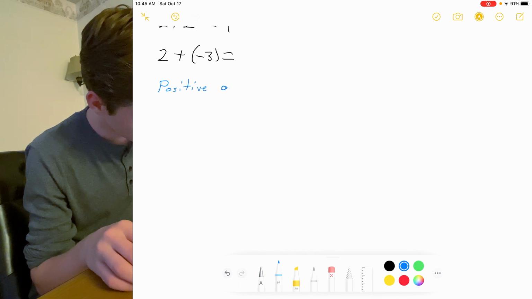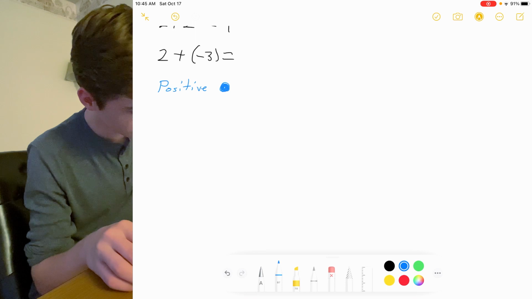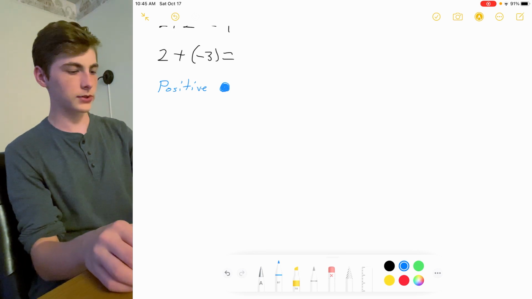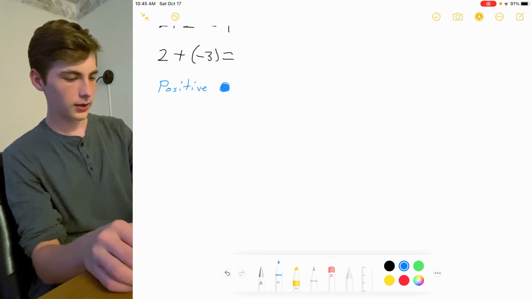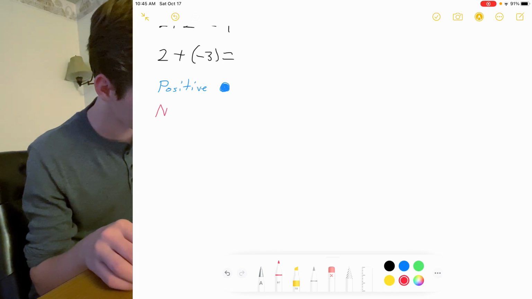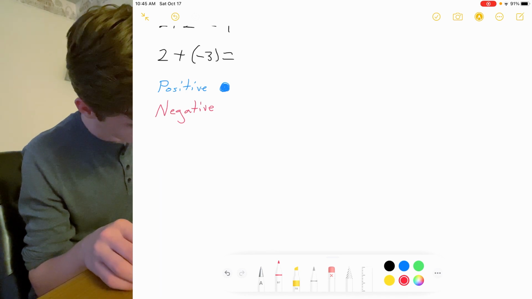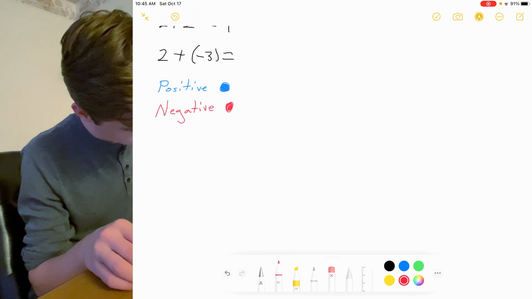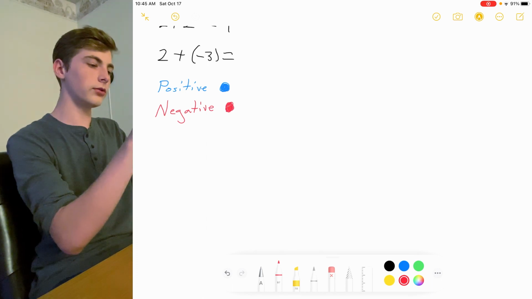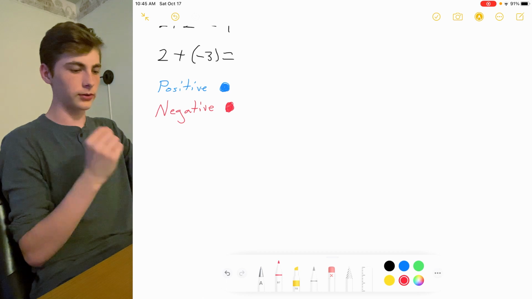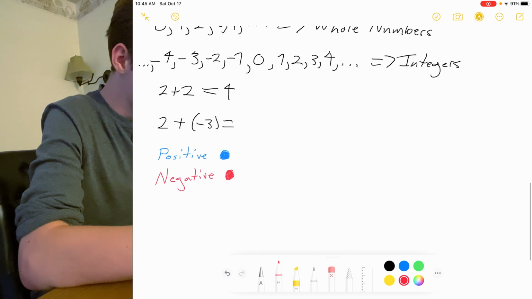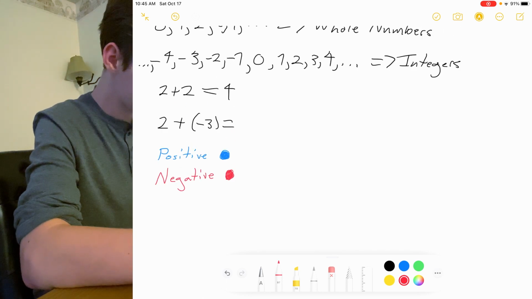So any blue circle represents a positive 1, and the red ones are going to be negative. When you see a blue circle, it's positive. When you see a red circle, it's negative.